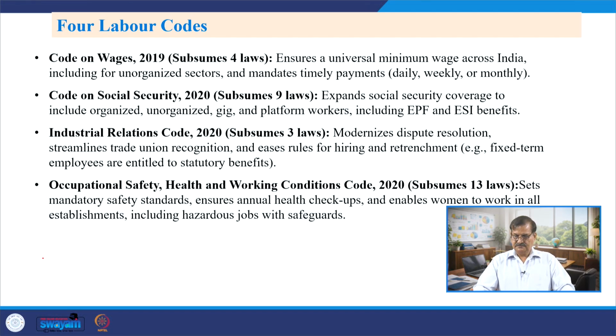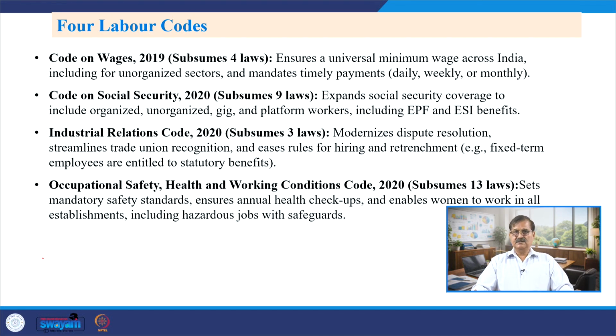It modernized dispute resolution, streamlined trade union recognition, and eases rules for hiring and retrenchment of workers. So the workers cannot be retrenched without any justification. Everything related to hiring and firing, industrial relations, and worker-employer relations has been discussed in this labor code.